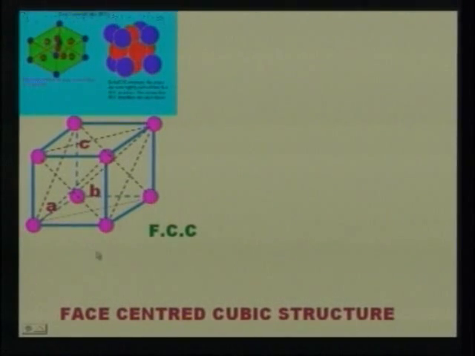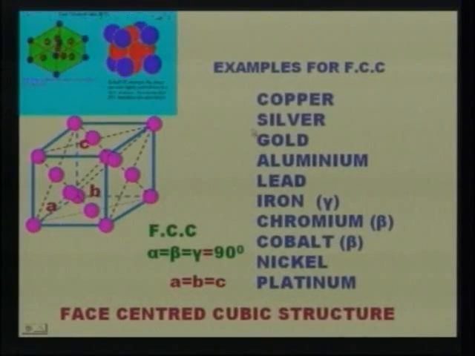Now you see the atoms arranged on the faces of the structure. Now let us know some examples for face centered cubic: copper, silver, gold, aluminum, lead, iron, this is gamma iron, beta chromium, beta cobalt, nickel and platinum. These are the metals having face centered cubic structure.